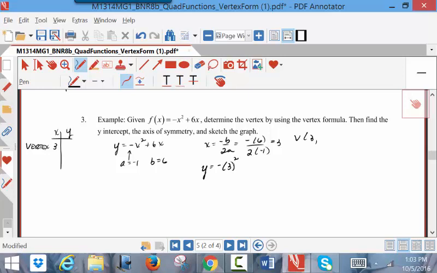The negative is still on this equation. Plus 6 times 3. So this is a negative 3 squared, which is 9, so negative 9 plus 18. So this turns out to be a positive 9. So my vertex is the point 3, 9.